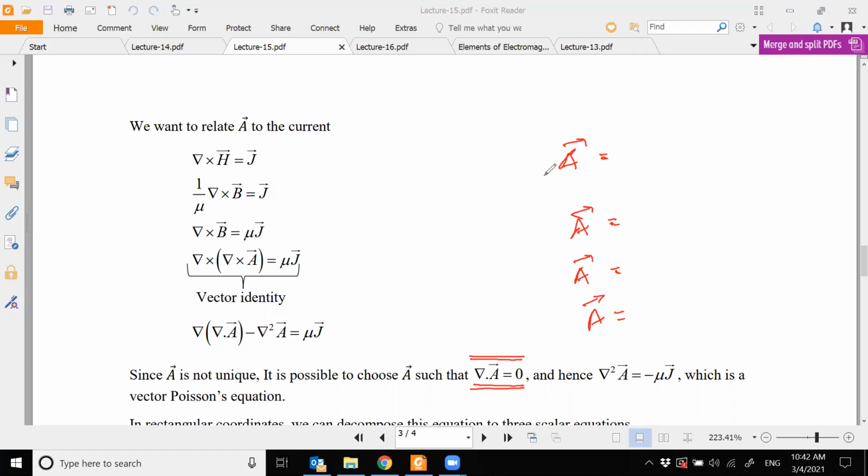And you are asked which one is the correct magnetic vector potential? Then you can use this idea, because this must be satisfied in order to select that answer. If this is satisfied, that means this is the magnetic vector potential which is applicable to our magnetostatics, and therefore I will get this as the Poisson's equation.